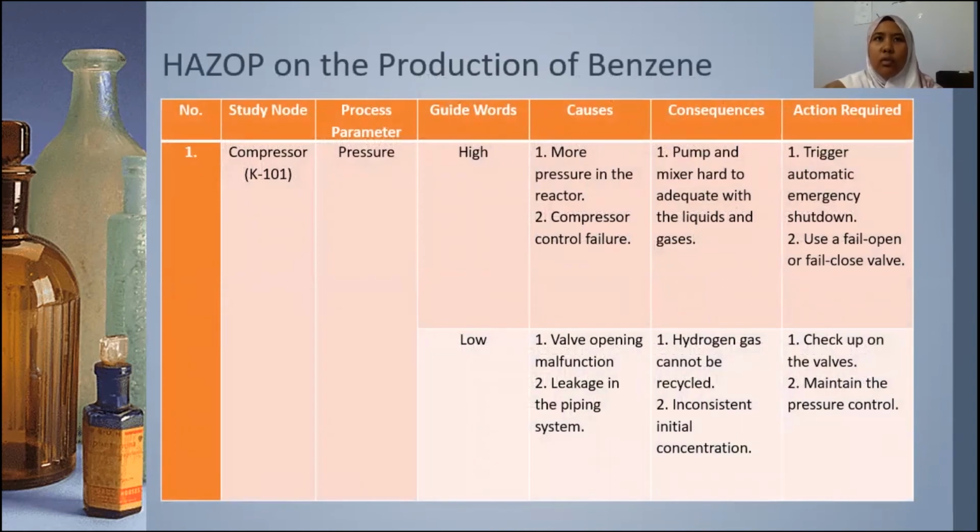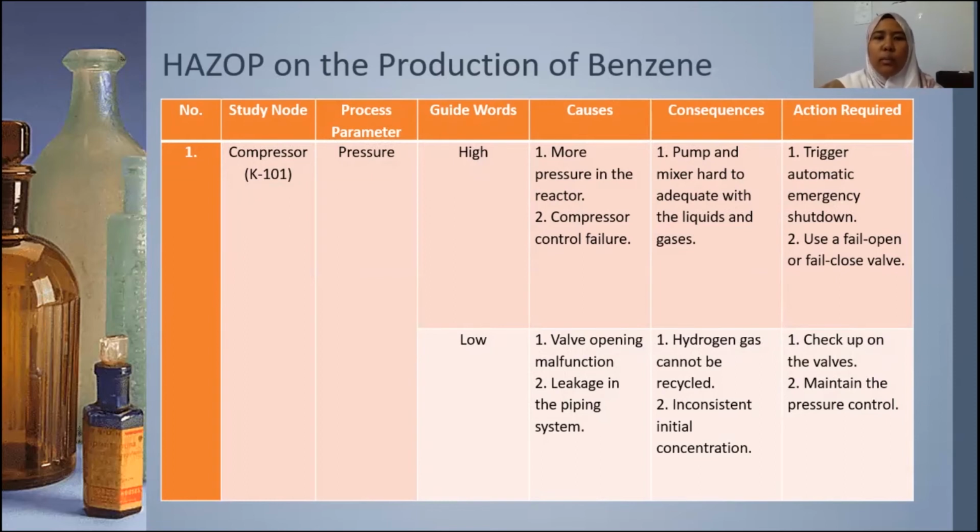Next, I have chosen 5 study nodes which are compressor K101, furnace F101, reactor R101, flash drum V101, and distillation column E102. Let's see first the compressor K101.